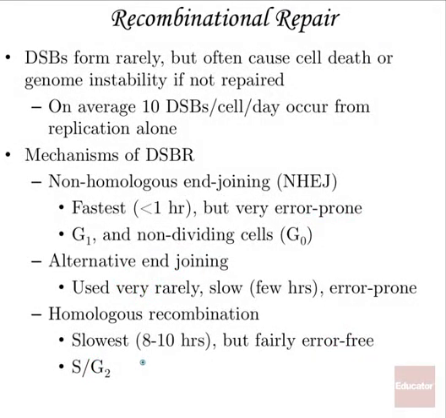Double-strand breaks form pretty rarely, but they can be catastrophic to the cell if they're not repaired. On average, we have about 10 double-strand breaks per cell per day occurring from replication alone, not to mention all the other things, like X-rays, the exogenous stuff.